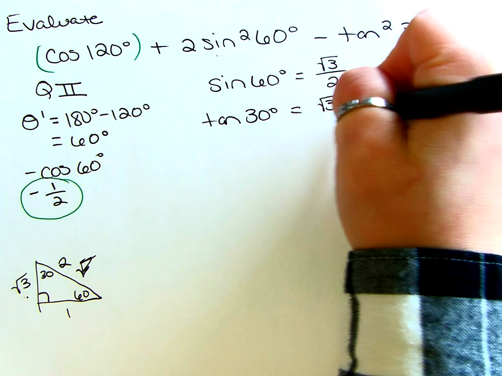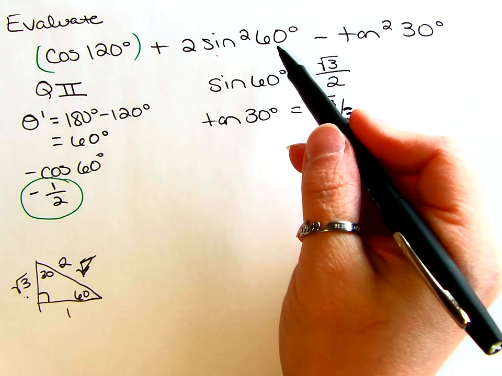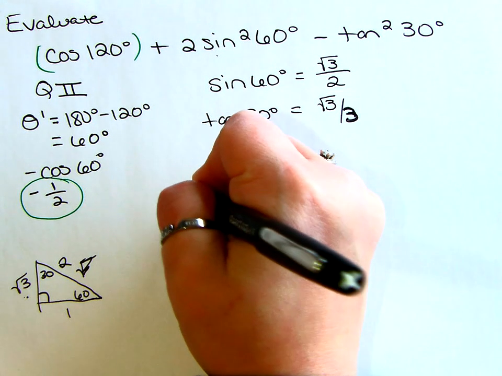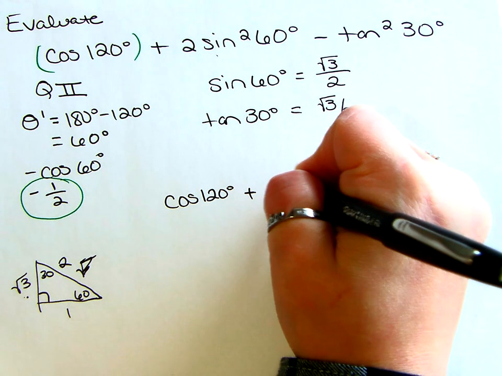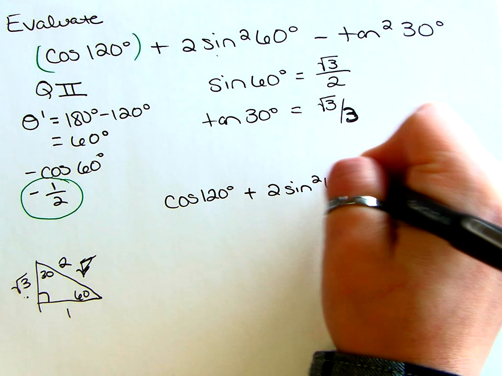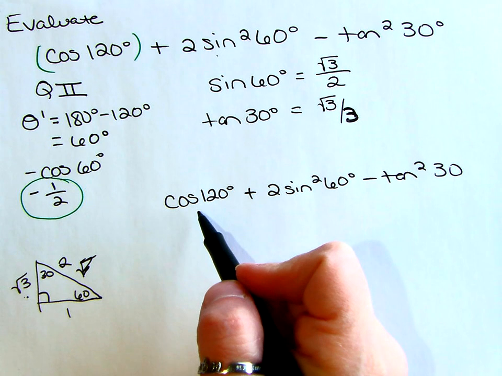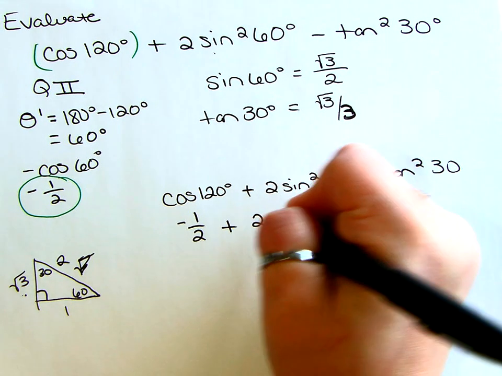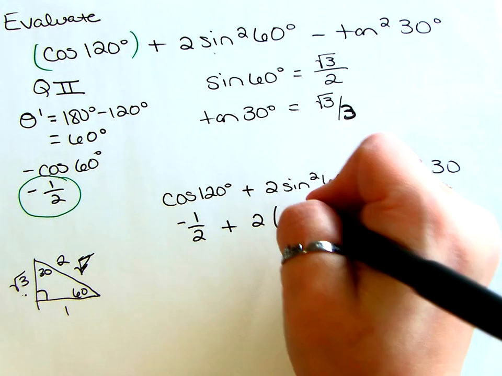So now we have the different values to plug into this expression. I'm going to rewrite it so you can see exactly where everything is going. We found that cosine of 120 is negative 1/2, plus 2 times sine of 60, which is radical 3 over 2, squared.